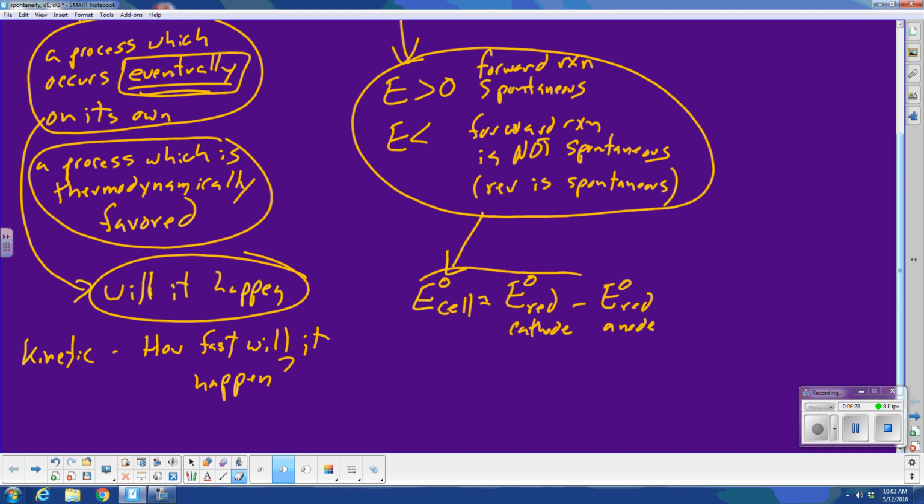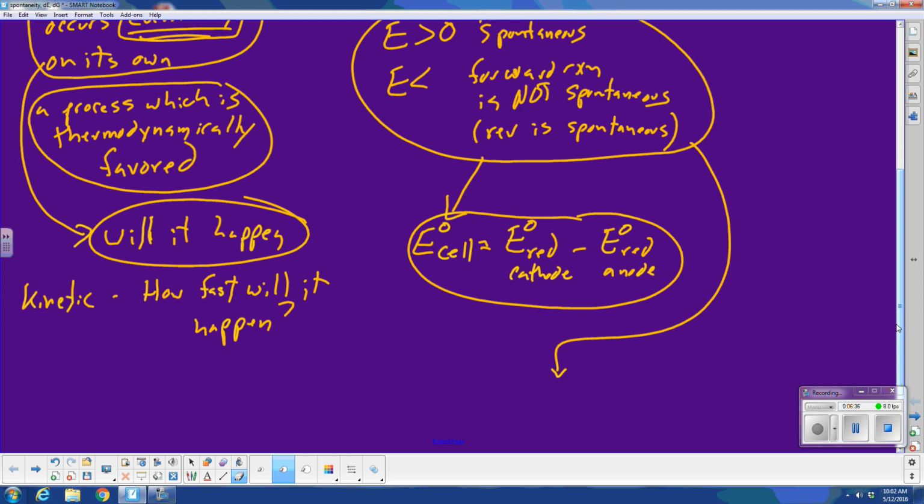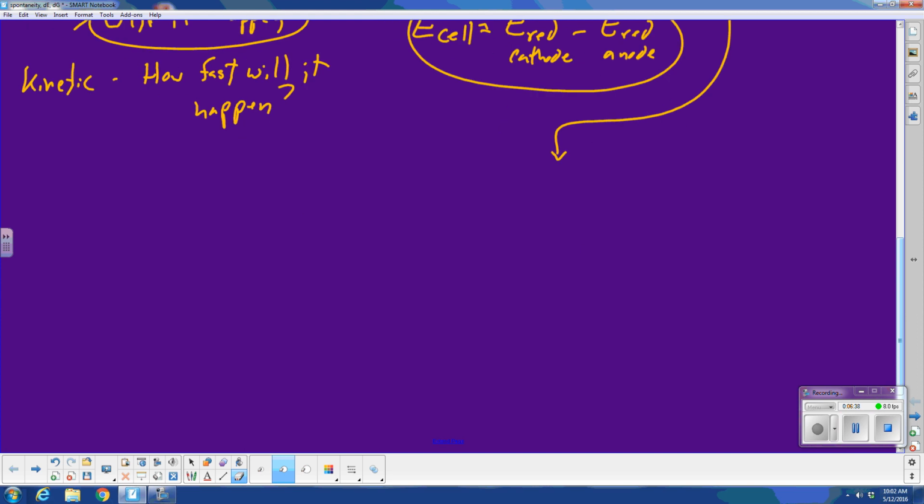Cool. And that's for a galvanic cell, but what is additionally cool is that I can calculate this for any redox reaction.